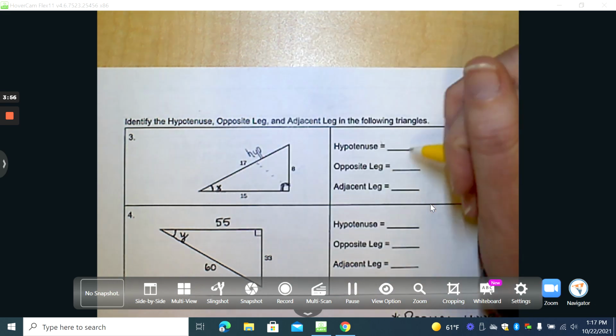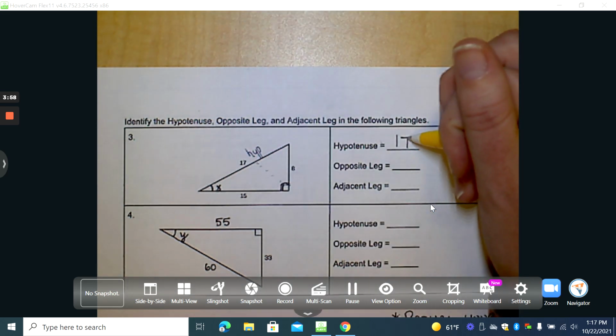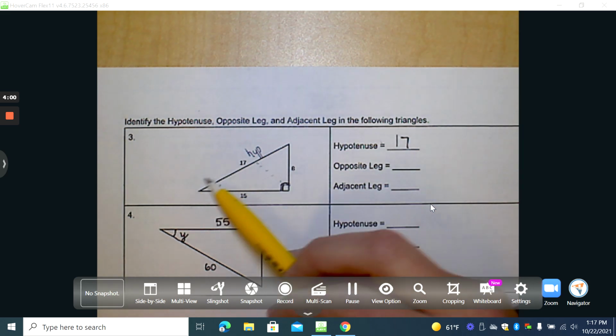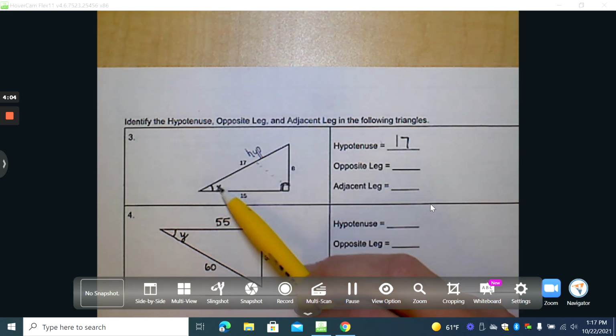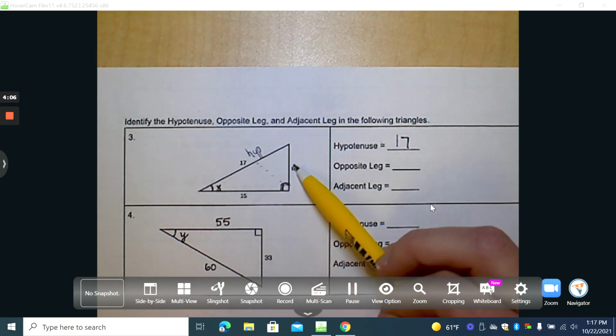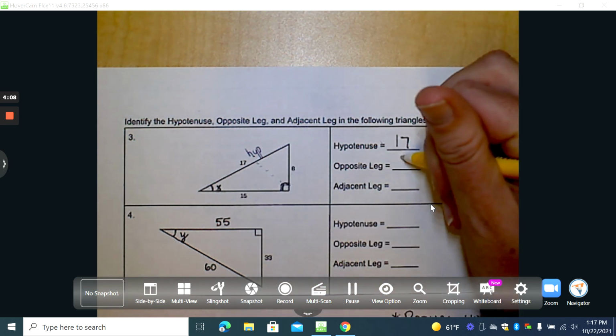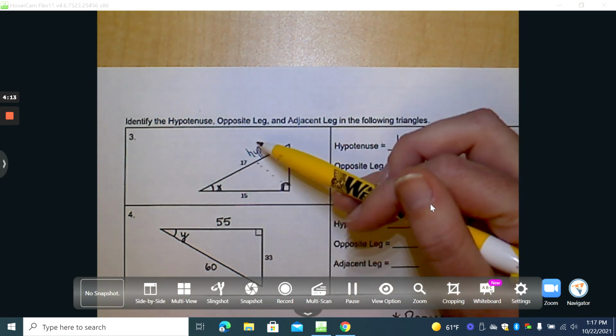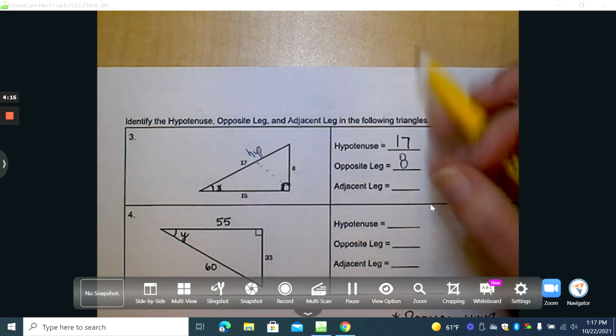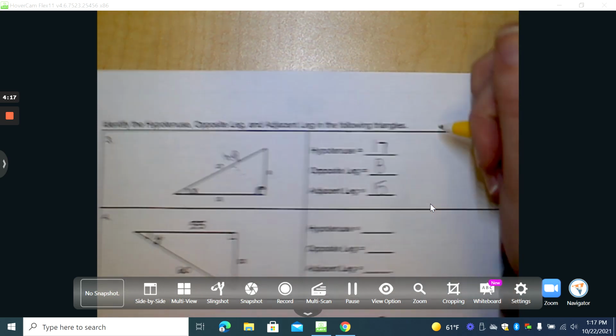That's my 17. Hypotenuse is 17. But if I'm looking at this angle, that changes my opposite or my adjacent leg. So angle X, the opposite is over here, 8. My adjacent is what's next to, but then not the hypotenuse. So my adjacent is 15.